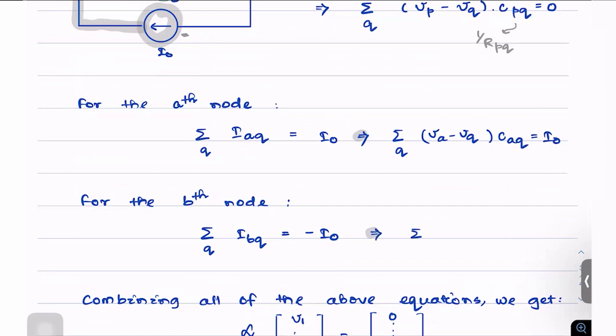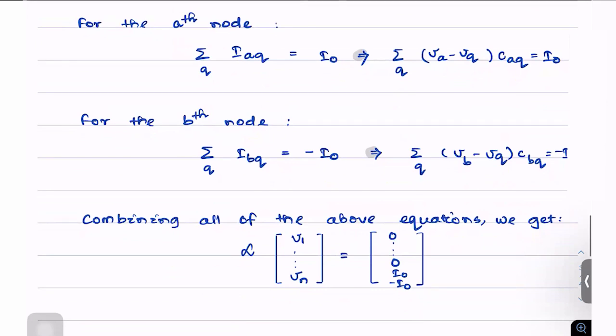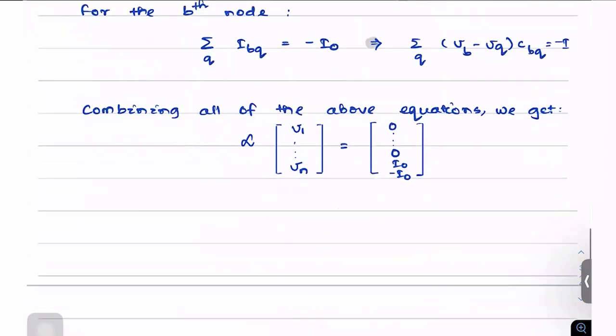Similarly, this is (VB minus VQ) CBQ equal to minus I naught, which gives us this particular expression. Note that this is very similar to the disagreement among the states that we saw before for the Laplacian. So this is how the Laplacian matrix appears in electrical networks.